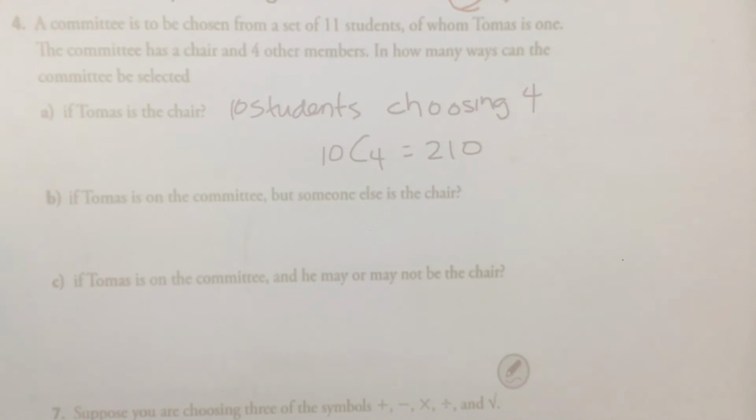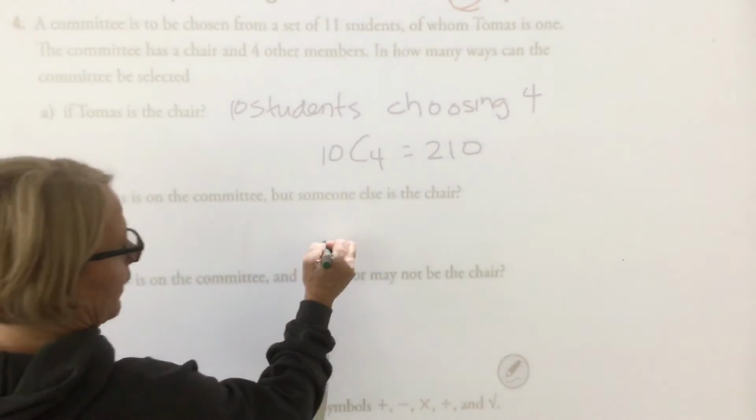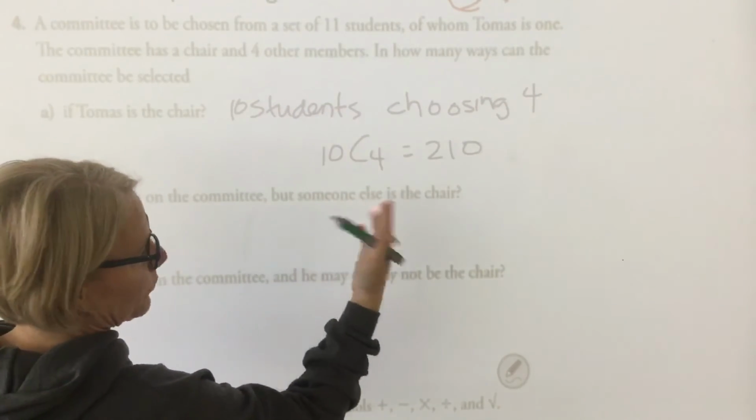Now, if Thomas is on the committee, but someone else is the chair, so now we want to think about, well, to get the chair, it can't be Thomas. He's not the chair. And so of those 10 other people, someone there is going to be the chair. So you can think of that one as there's really 10 people to choose from.